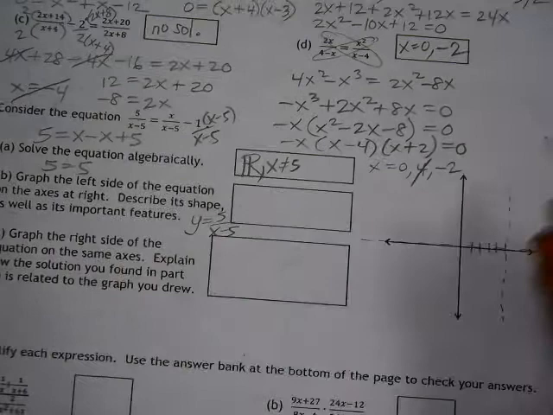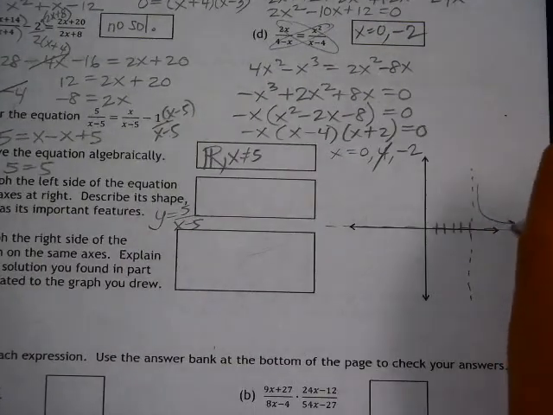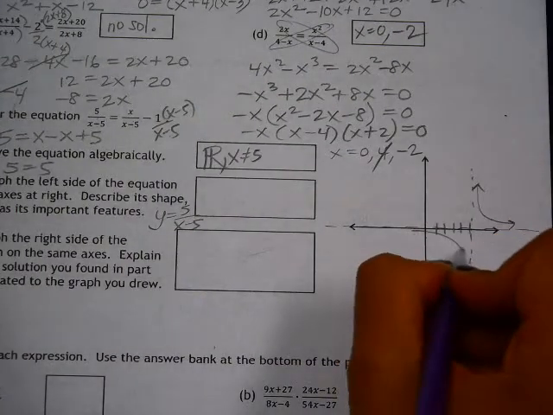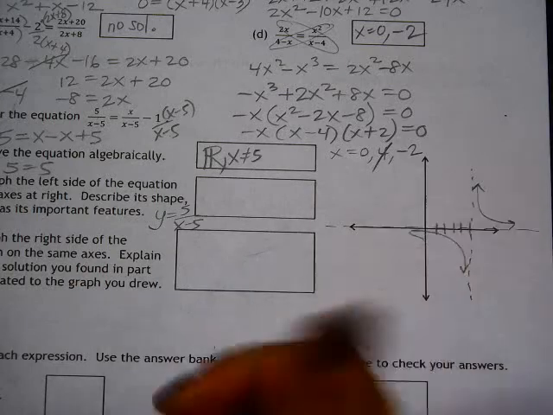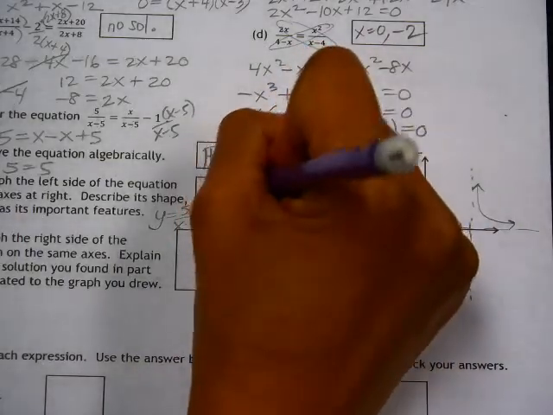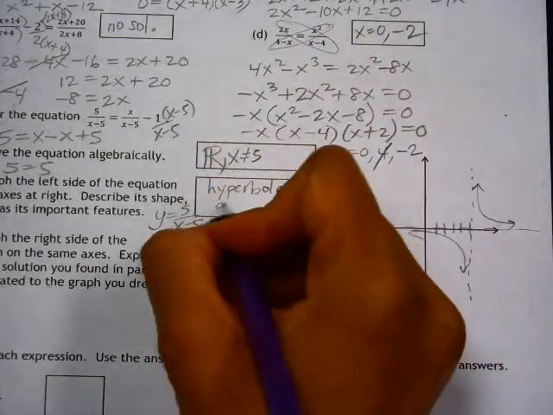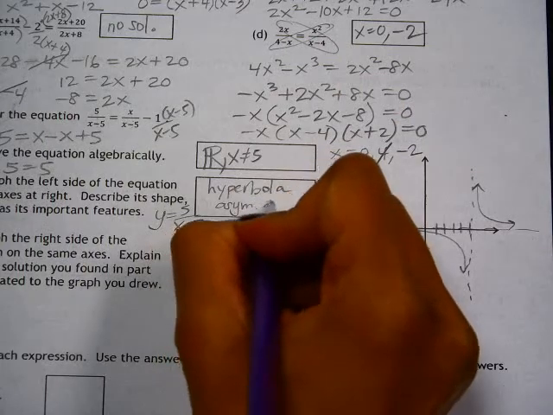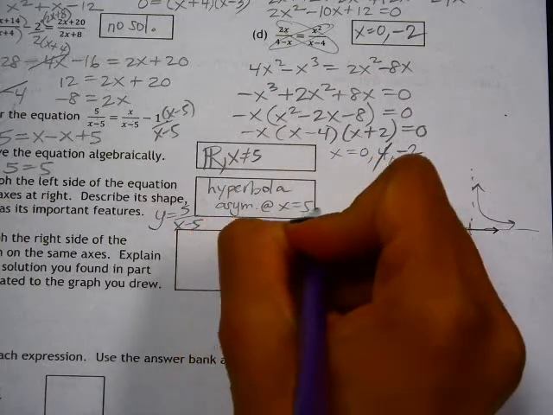So we have something like this. Now, describe its shape and its important features. We can see here that this is a hyperbola with an asymptote at x equals 5 and y equals 0.